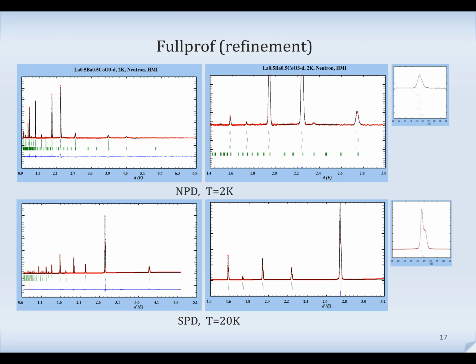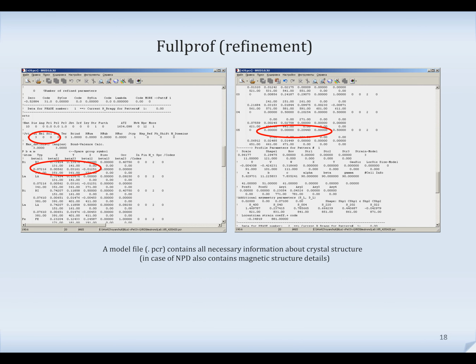Knowing this information, we then used it for refinement of the neutron diffraction. It was important. About the refinement procedure, as I said, you have to know something about the crystal and magnetic structure, and the software will simulate the pattern and compare it with the experimental one.